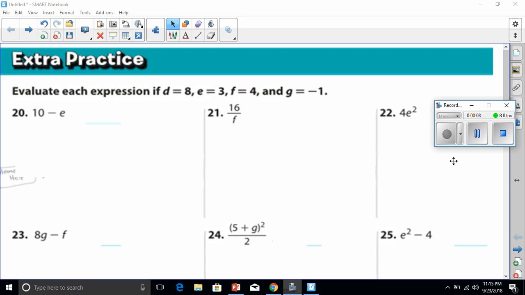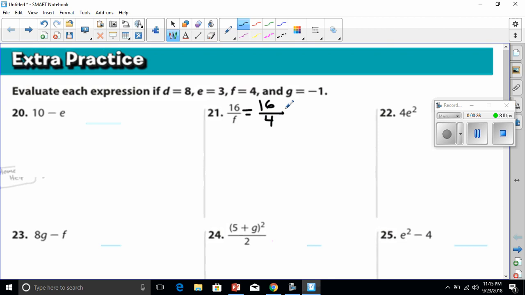We're doing expressions. The first one says evaluate each expression if d equals 8, e equals 3, f equals 4, and g equals -1. Well, that simply means every time we see the variable that represents that number, we're going to replace that variable with that number. So 16 over f is going to turn into 16 over, well, f is 4, so 16 over 4.